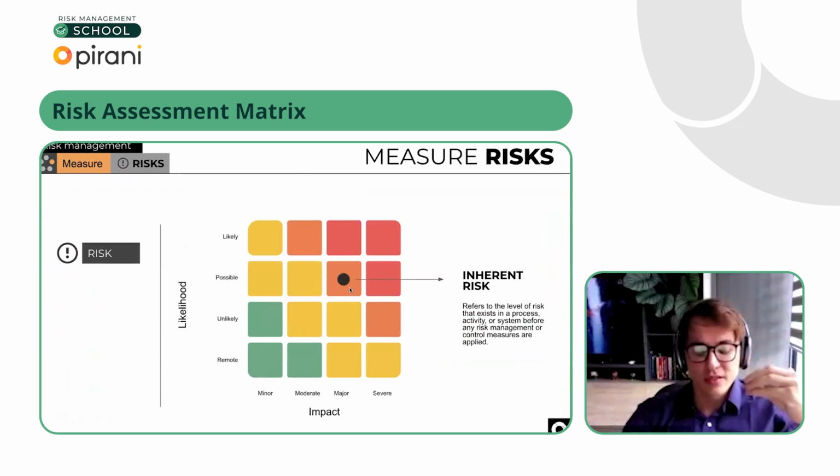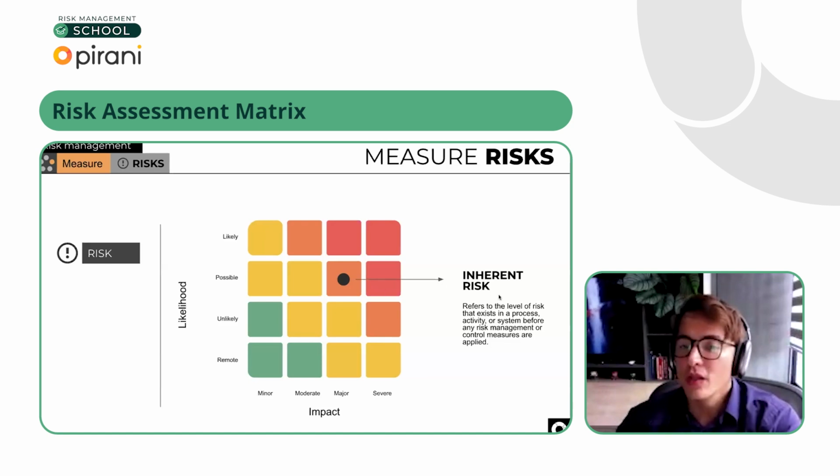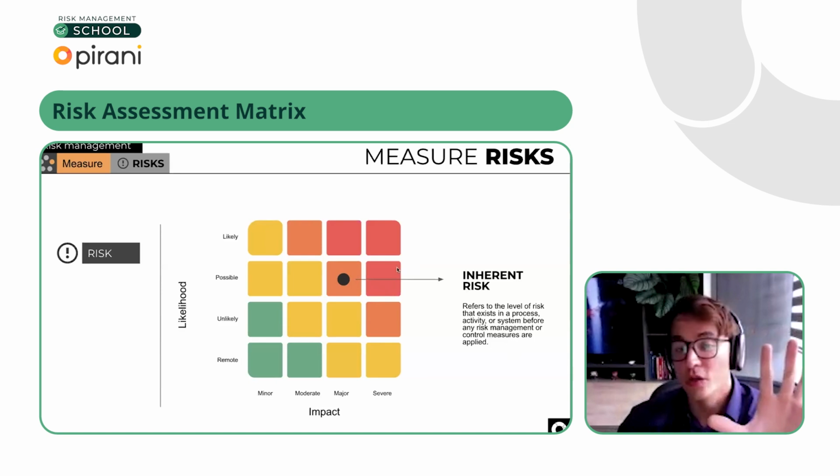Once we have the first assessment, for my company, this is the likelihood, this is the impact, this is called inherent risk. It refers to the level of risk that exists in a process, activity, or system before any risk management or control measures are applied, right? So this is what could happen for me or for a committee or for a group if that risk occurs. So this is inherent.